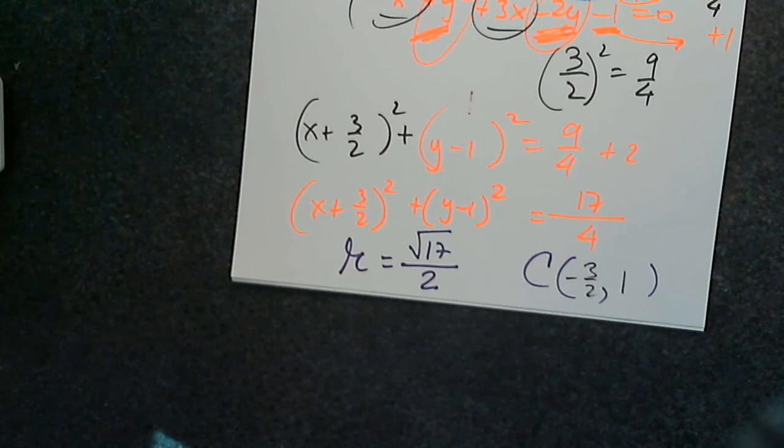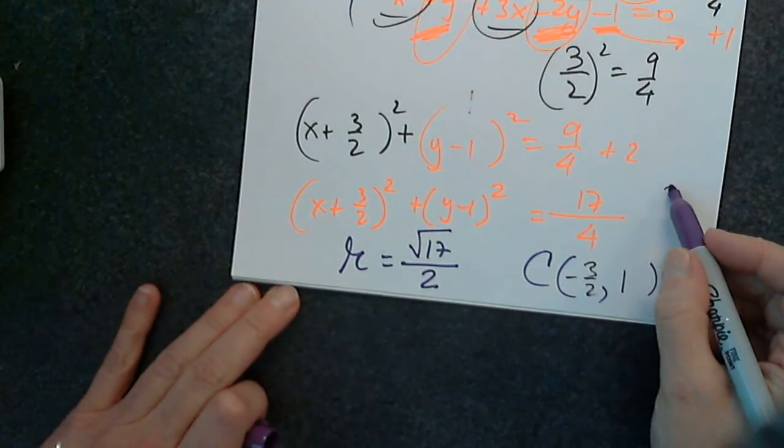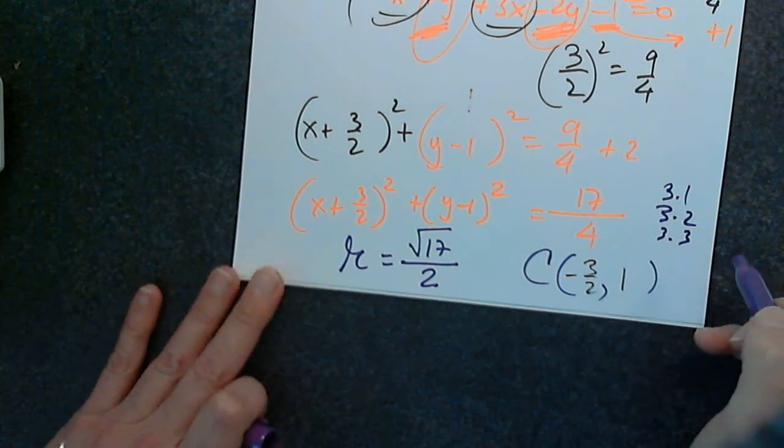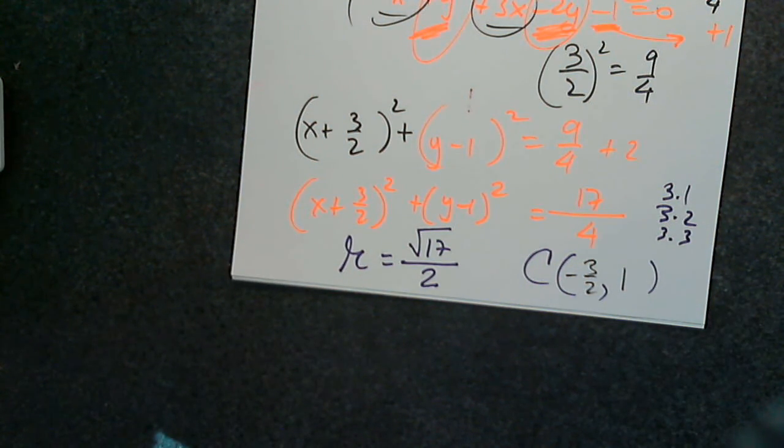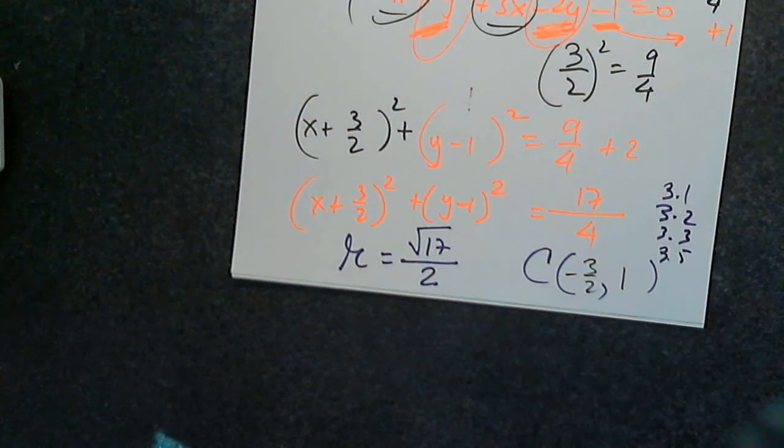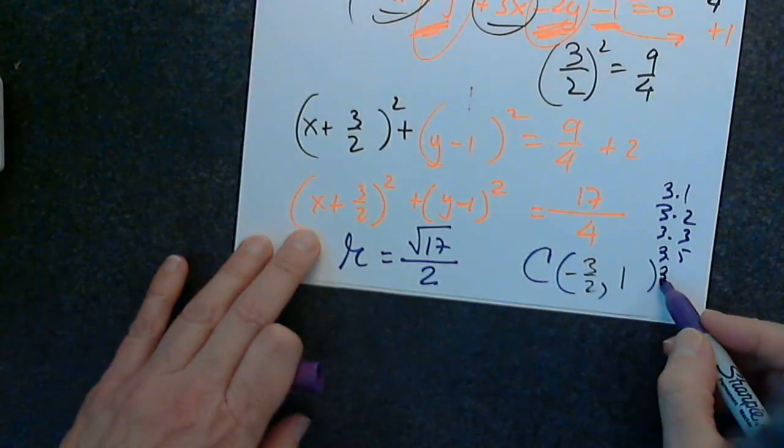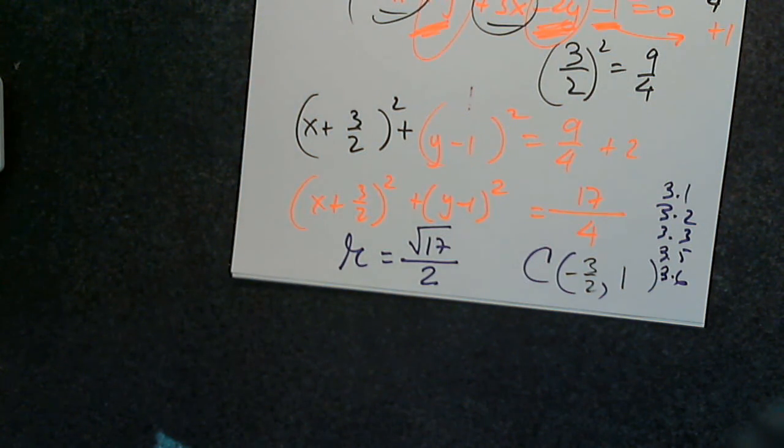Do we cover 3.3? Yes, we do cover 3.3, the zeros of polynomial functions, but not 3.4. So we have 3.1, 3.2, 3.3, and the last sections are 3.5 and 3.6, polynomial and rational inequalities.